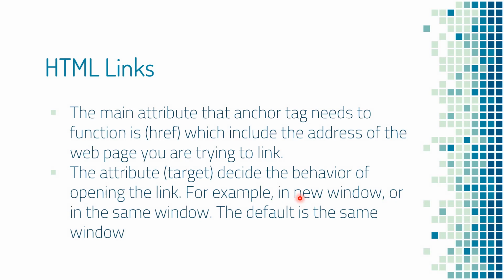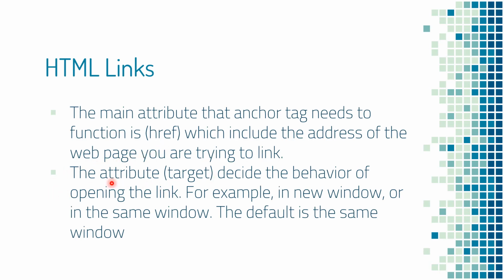There are some attributes that are mainly specified for the anchor tag. The main attribute for this tag is href, or hyperreference, which is the location of the web page or the document that you want to navigate to. Okay.